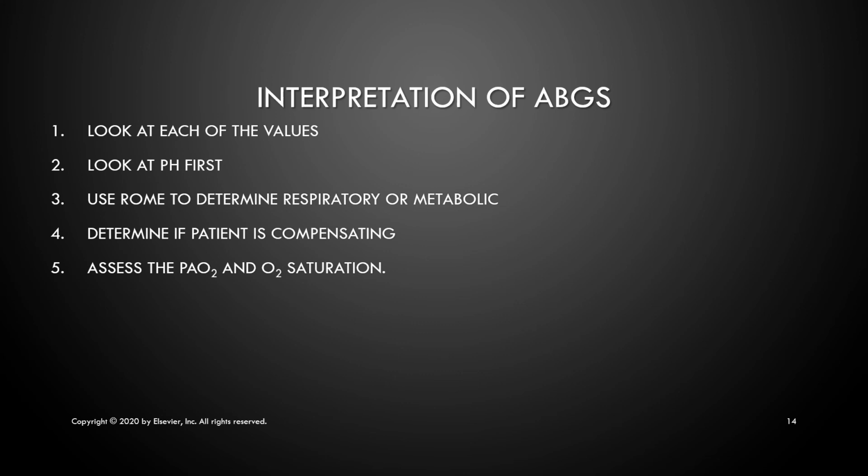So the other things that we can assess are our PaO2 and our SaO2. And when we are assessing the PaO2, like I've already said in another slide, that represents the amount of oxygen that is dissolved in the plasma.